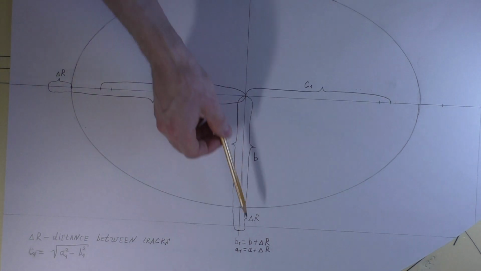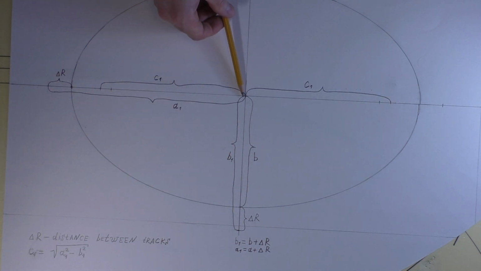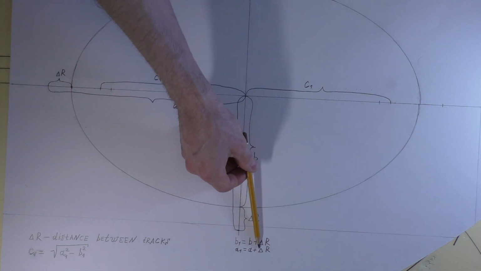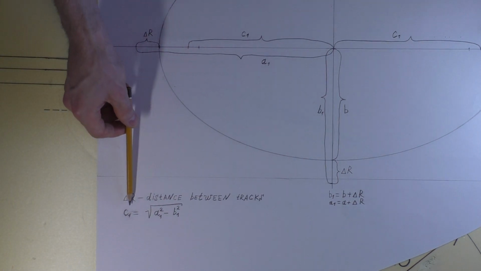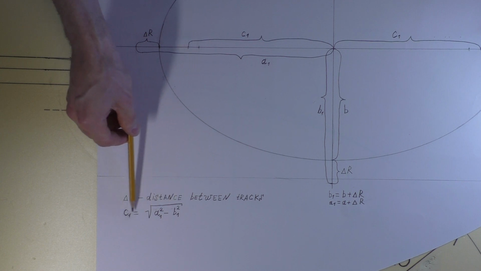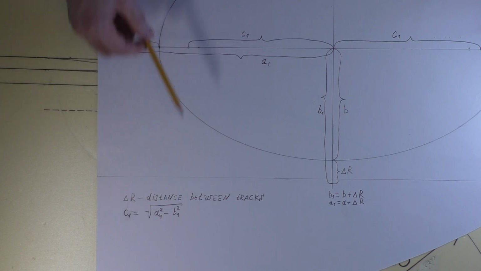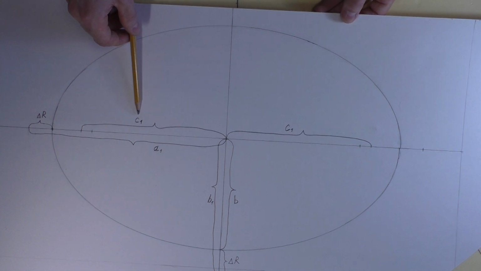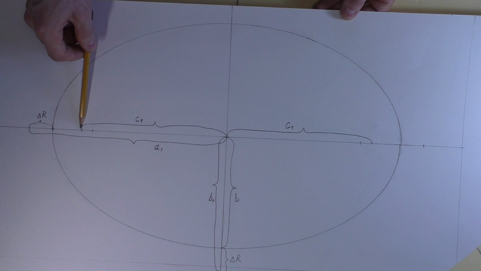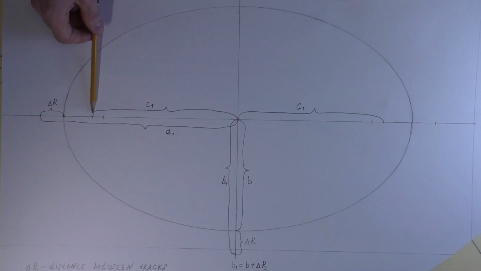And the same, this is distance a, and distance a1 will be a plus delta r. And now we put values a1 and b1 in this equation, and we get value c1. It is where we should place needles to draw another ellipse.